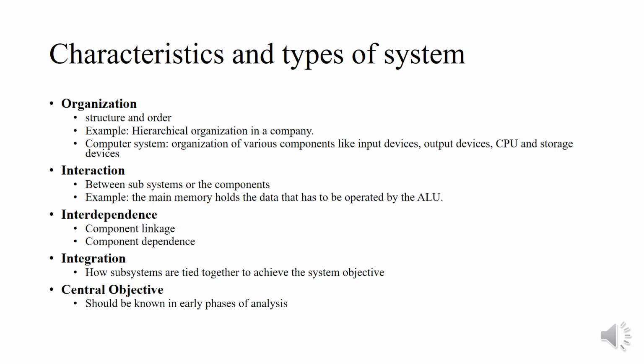Once the input is received, it will pass to the CPU. And once it's passed, input devices are not allowed to interrupt the CPU's work. And once the processing is working, output devices cannot interrupt the input devices' work. So output devices should wait until the processing is complete. Then the CPU will send the information to output devices.